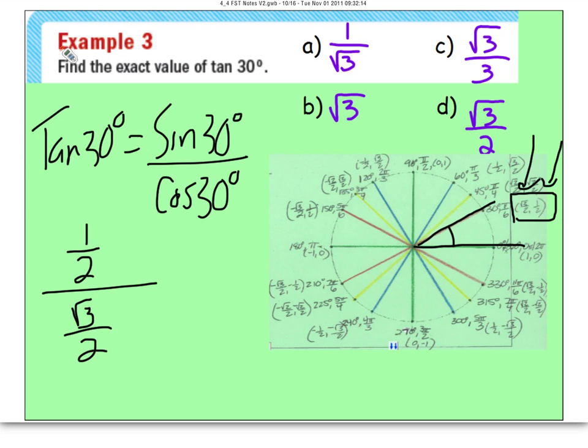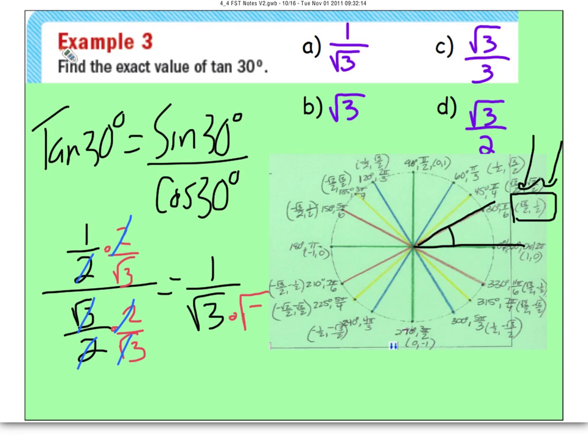Now this is a complex fraction because I have a fraction and a fraction in the whole fraction. The easiest way to clean it up is to get the fraction out of the bottom. Multiply by the reciprocal. If you do it to the bottom, you have to do it to the top. Nice thing here, 2's cancel, those cancel. On the top, those 2's cancel. What I'm left with is 1 over the square root of 3. Now we cannot have square roots on the bottom, so I do have to clear that up.